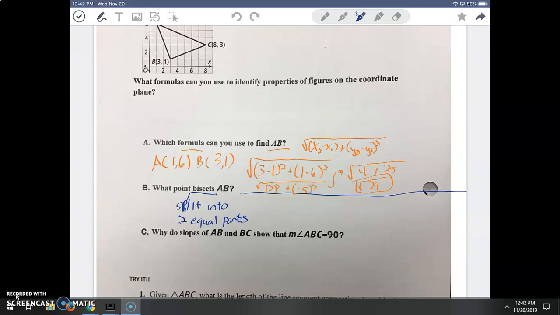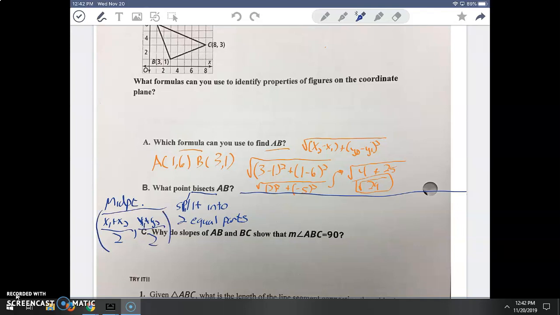Splits into two equal parts. Well, taking something that's split into two equal parts is basically you finding the middle. And if you're trying to find the middle, or the point that's in the middle, then you need to find the midpoint. And remember, that is x1 plus x2 divided by 2, and then y1 plus y2 over 2, and that's the middle.